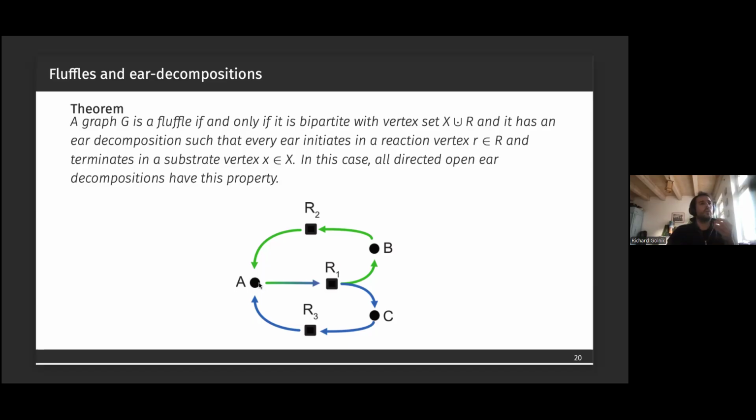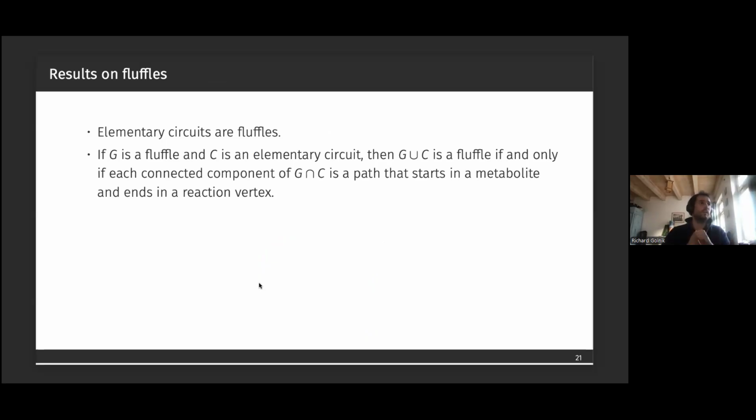And then the question is, can we reverse this process? Because we know that elementary circuits are fluffles, and elementary circuits can be enumerated efficiently. Can we reverse this process by using elementary circuits and sticking them together in a way that we end up with a fluffle in the end again?